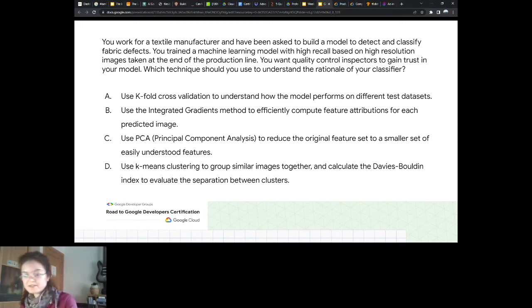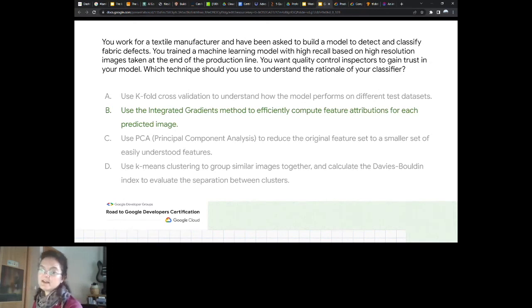The real answer is B. And now let's review why. As I said, always pay attention to the question. What are the relevant words here? You want to gain trust in your model, so you want to understand the rationale, the reasoning behind.